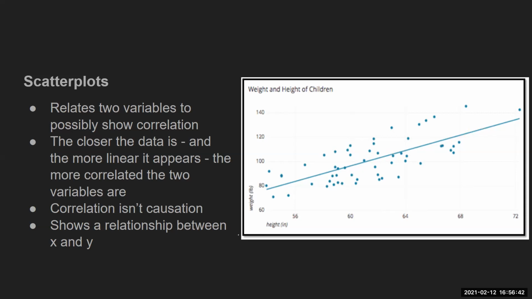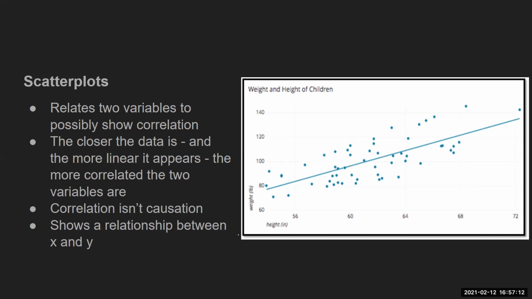You do need to remember though that correlation is not causation. That's the number one thing. Any statistics class you take, that's the number one thing you probably took out of it. Correlation does not mean causation. Just because we can plot what looks like a close relationship between 2 things does not mean that one thing is necessarily causing the other. We can just show that if this one thing is increasing, typically this other thing is increasing.